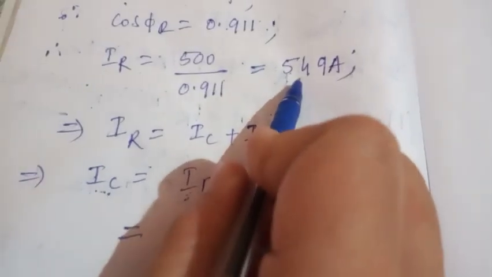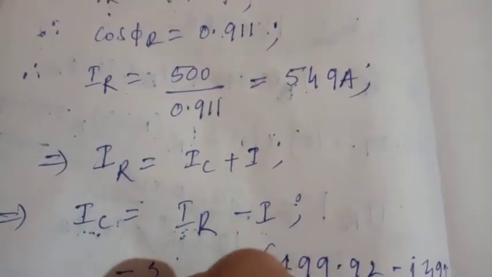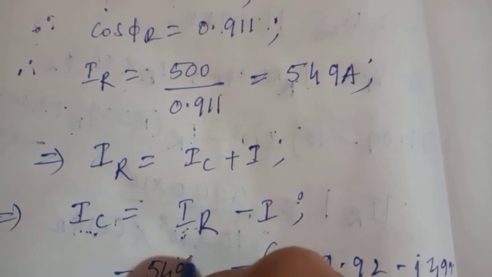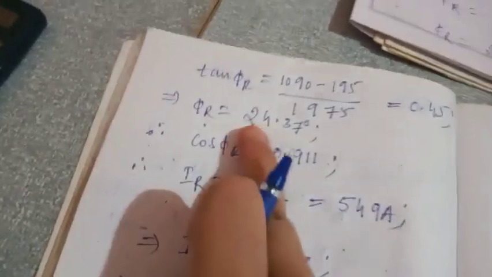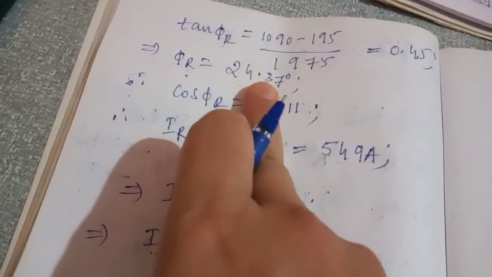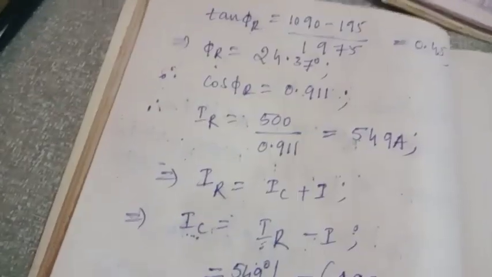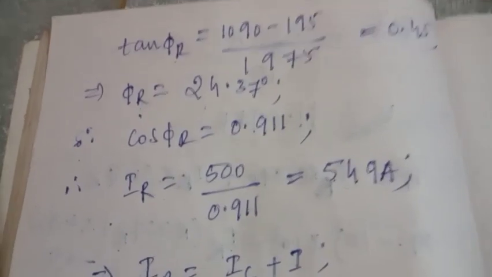The receiving end current, we have calculated, is 549 amps at an angle. What is that angle? That angle is 24.37 because I have taken the receiving end voltage as the reference.